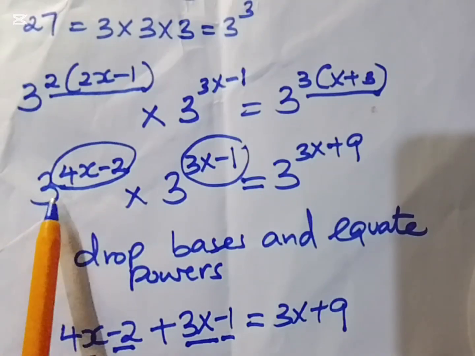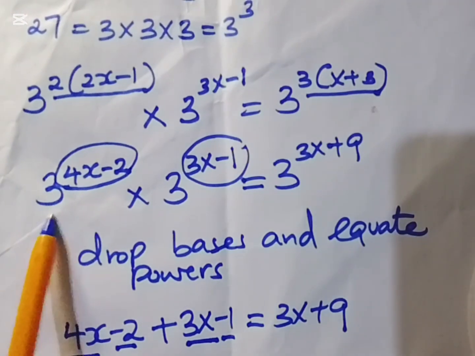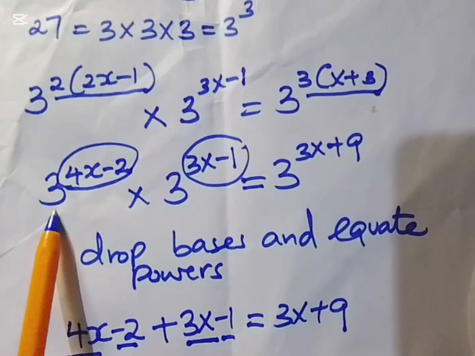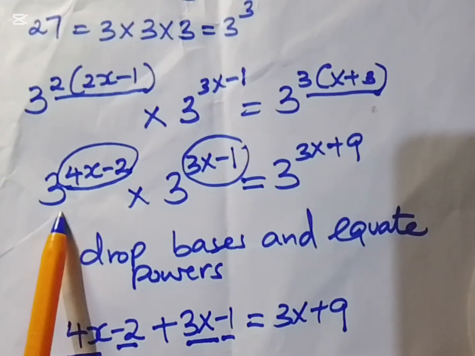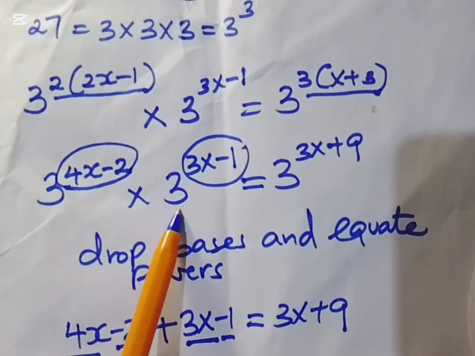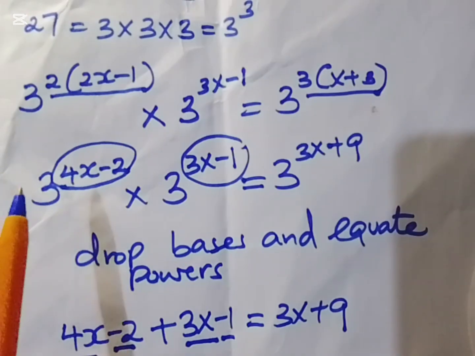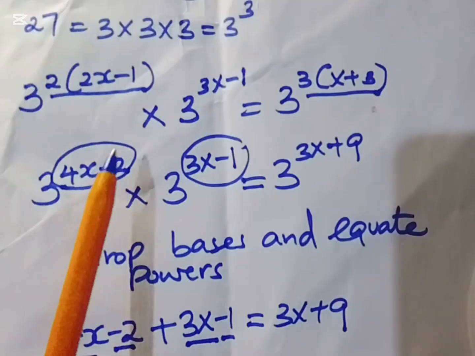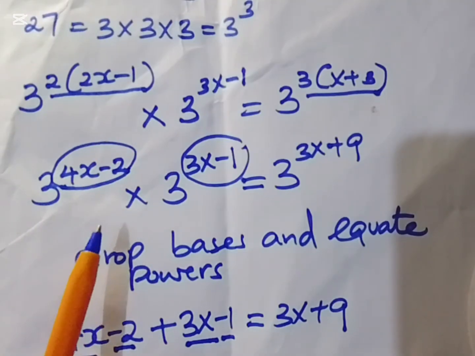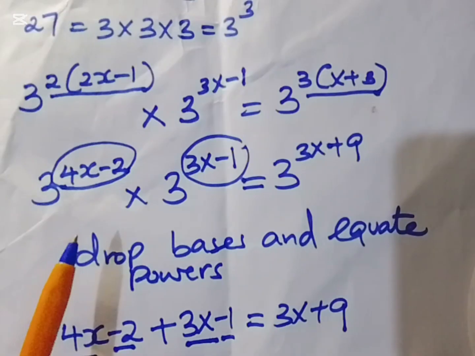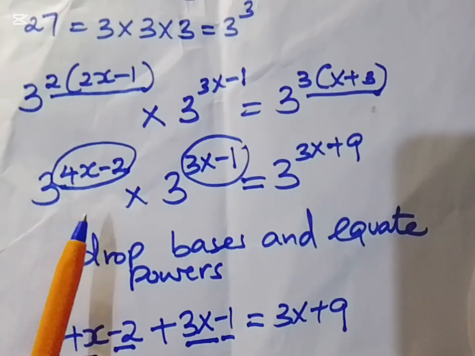At this point, we can see we have bases of 3. The first part we have 3, the second part we have 3, and the third part we have 3. Now we have achieved our goal of reducing the question to similar bases.